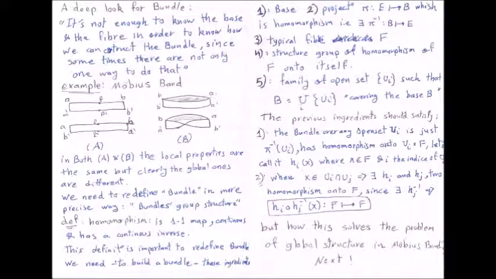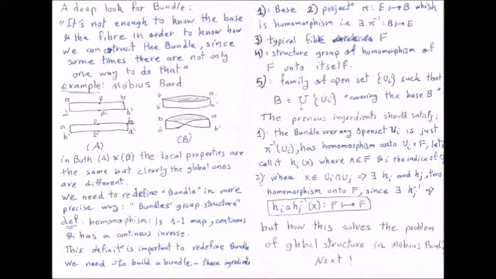The new way to construct or define the bundles, which is called the bundle's group structure, requires the following ingredients. You need the base, of course, and you need a projection, which connects each element of the fiber with an element of the base, and of course it is a one-to-one map, continuous, and has an inverse, and its inverse is continuous, so it's a homomorphism.